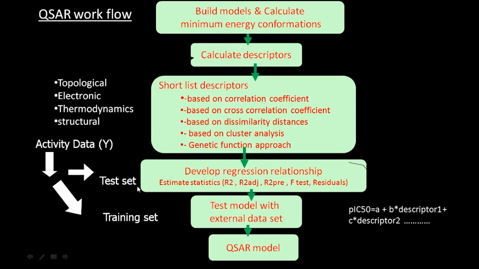It's very, very important that you have a training and a test set, 80-20, and your model should be able to predict the results of the test set, whereas you use the 80% of the data for developing a regression relation. Without a test set, a QSAR is of no use. It's very, very important that you also have a test set.